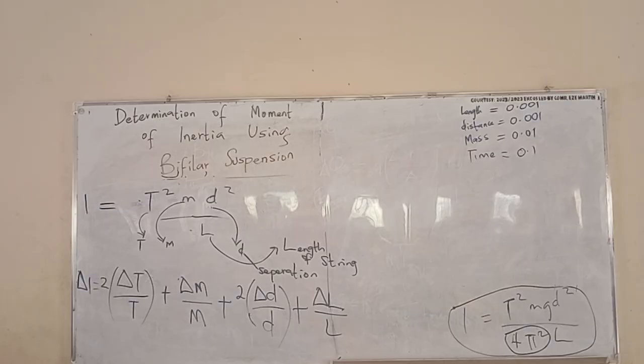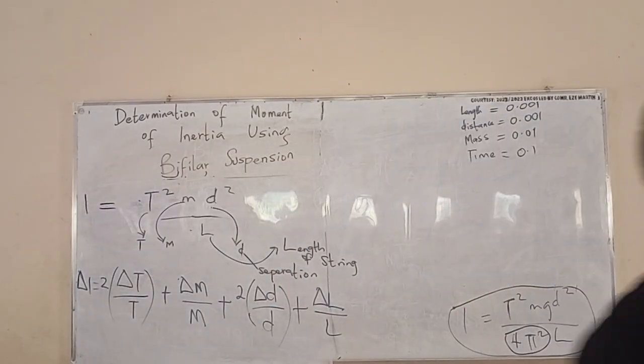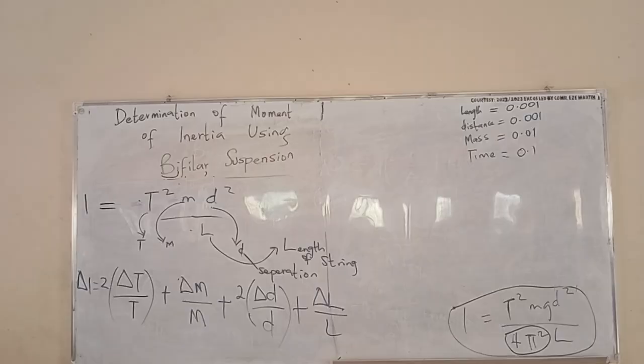No, this is not what I'm looking for. What you are checking, I said mass of meter rule. What you check is what you measure with a meter rule. The degree of accuracy of anything you measure with a meter rule is 0.1.